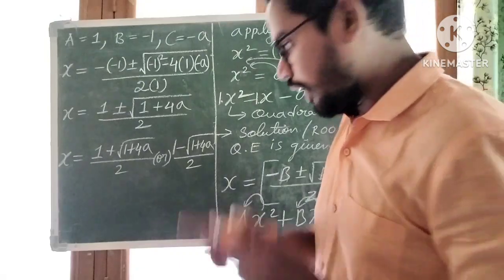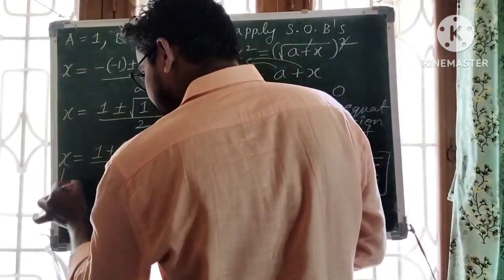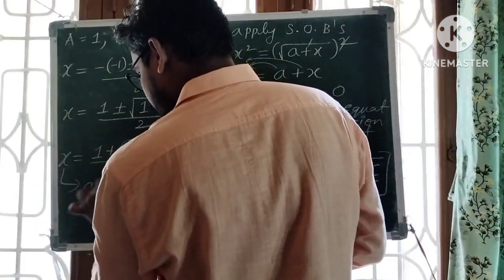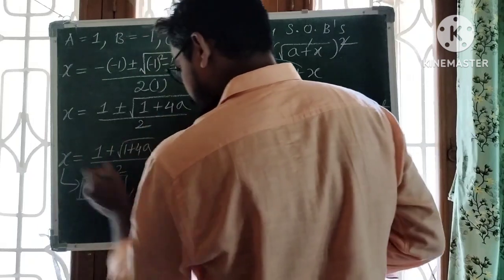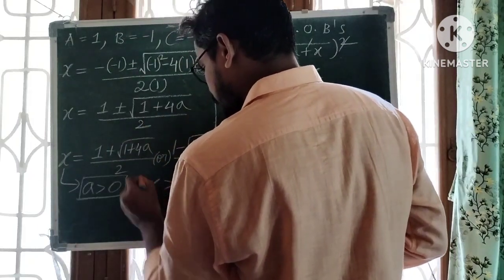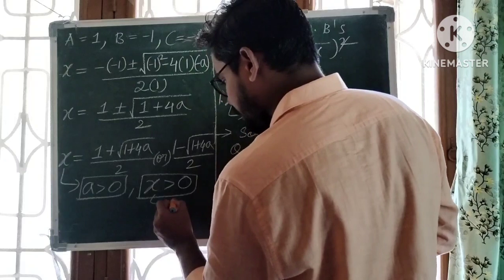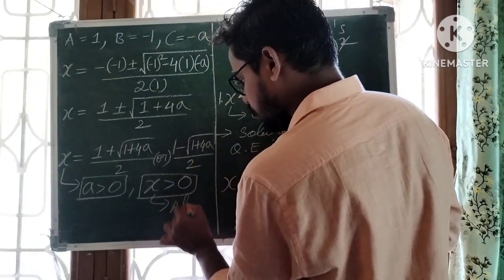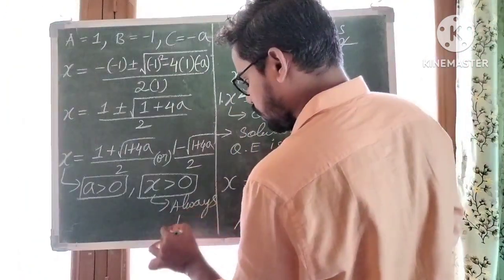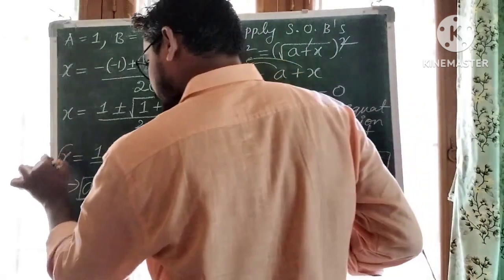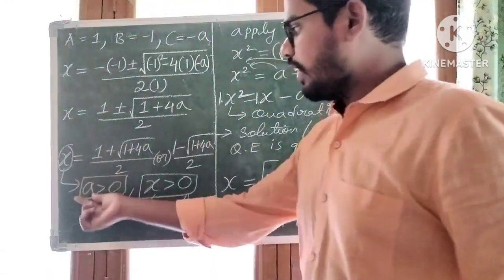How do we know? Remember here, since a is greater than 0, x is also greater than 0, which means x is always positive. This value is always positive. Remember, x must be positive for every value of a.